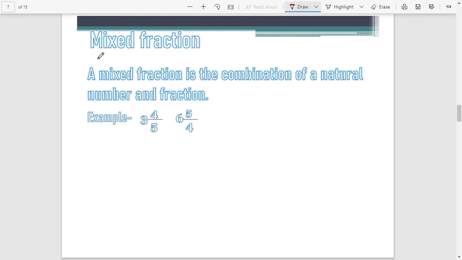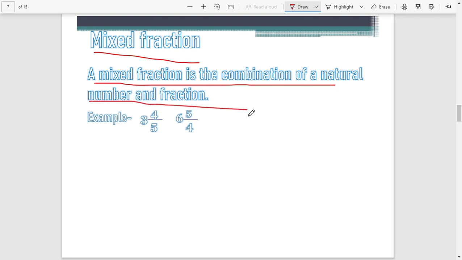Now we will talk about mixed fractions. A mixed fraction is the combination of a natural number and a fraction. Take the mixed fraction 3 whole 4 upon 5. See, what is a natural number? Natural numbers start from 1 to infinity.